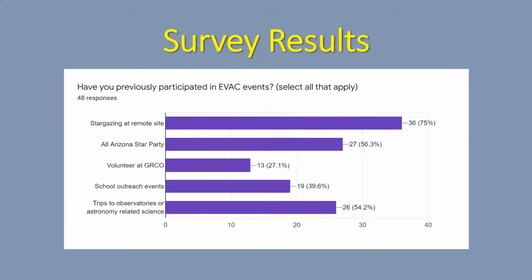So if you are interested in volunteering at the observatory or for school star parties or other events, please send me an email at president@evaconline.org, and I'll pass replies on to Alex as well. There are also links at the bottom of each page of the EVAC website for contact if you need to get in touch with somebody.